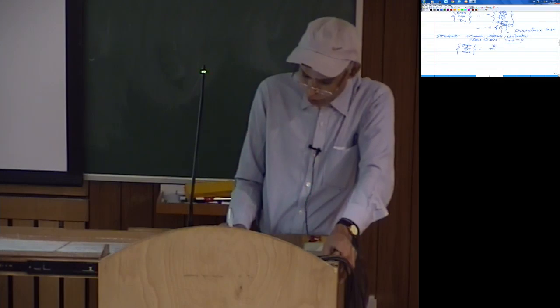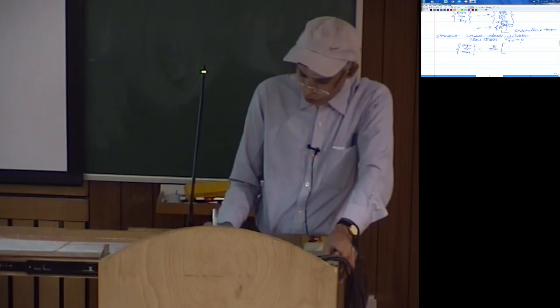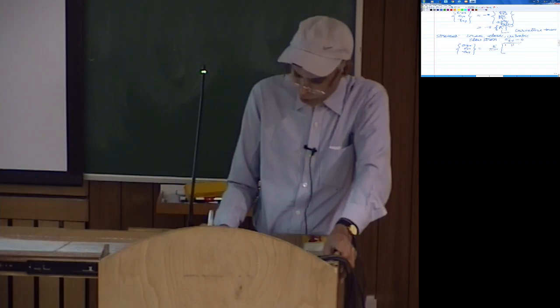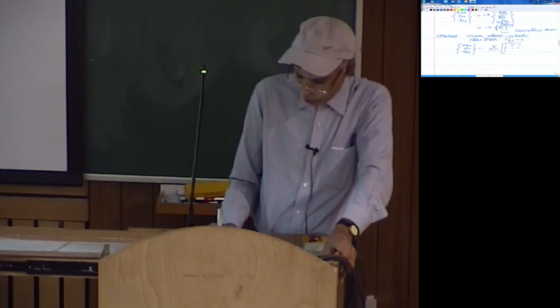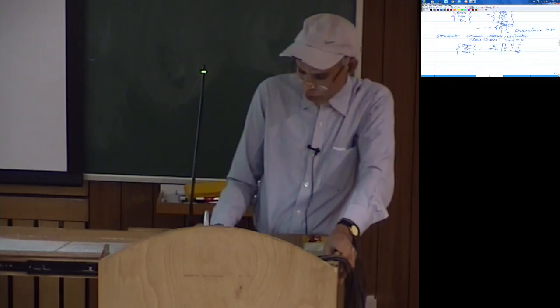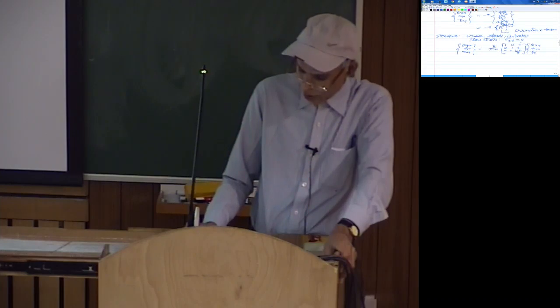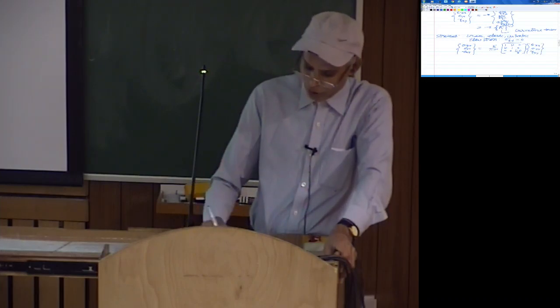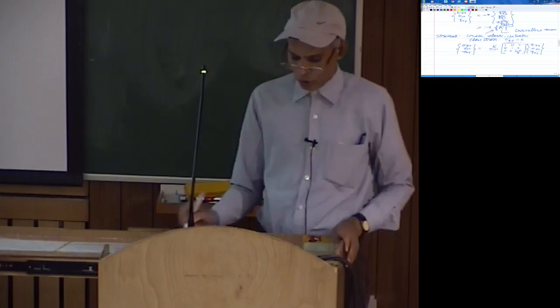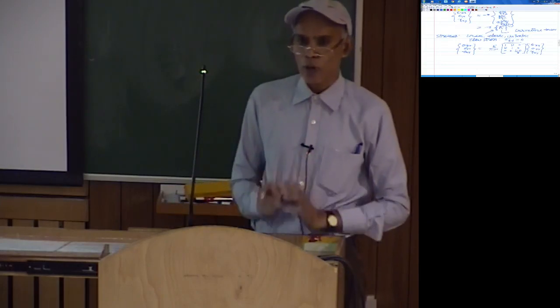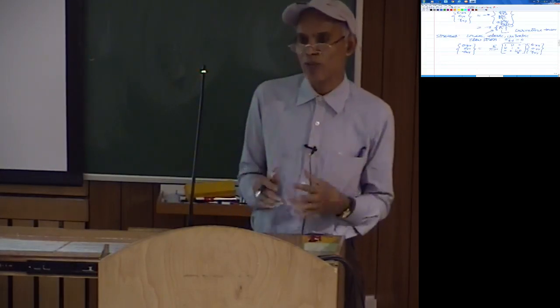So E upon 1 minus nu square, into the constitutive matrix: 1 nu 0, nu 1 0, 0 0 1 minus nu by 2, into the corresponding strains, which are epsilon xx, epsilon yy and gamma xy. And these of course are written the way I have written it here. So these are again the non-zero components of stresses. So see, these are the assumptions.